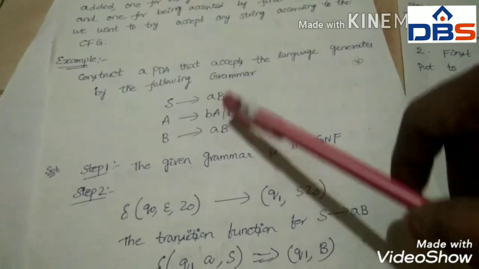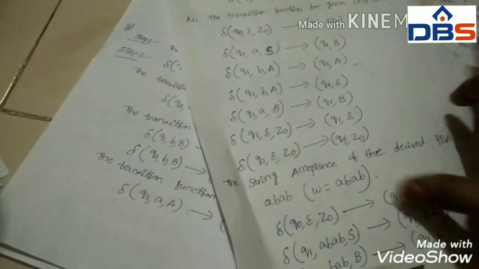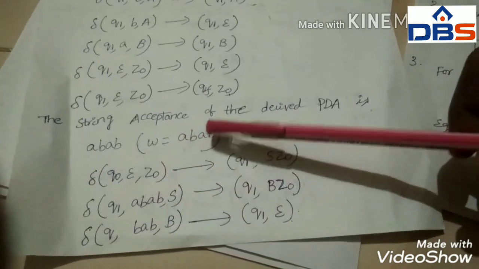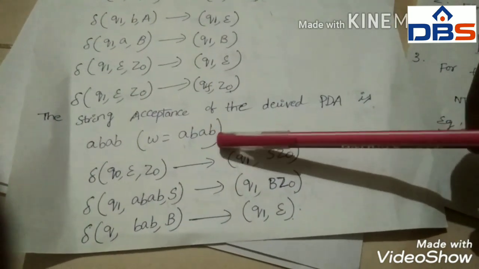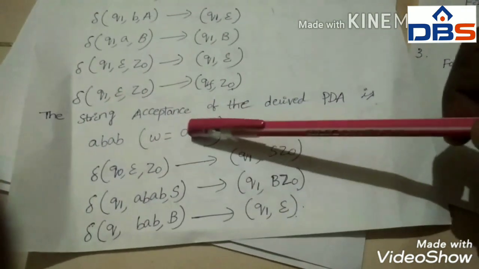How to convert this grammar? We get some strings here, AA, AB. Here we take the string AB. The given string you have to derive, and we check whether it is accepted or not.